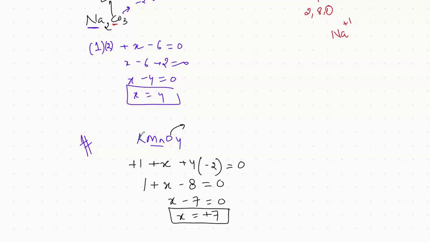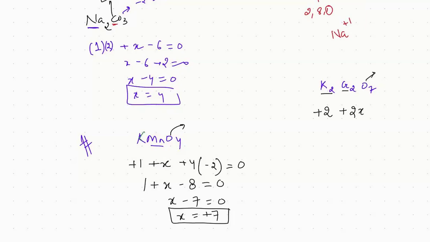Similarly, if I talk about K2Cr2O7, what would you say? Potassium carries a +1 charge, so for 2 potassiums it is going to be +2. Chromium's charge is X, so for 2 chromium, 2X.